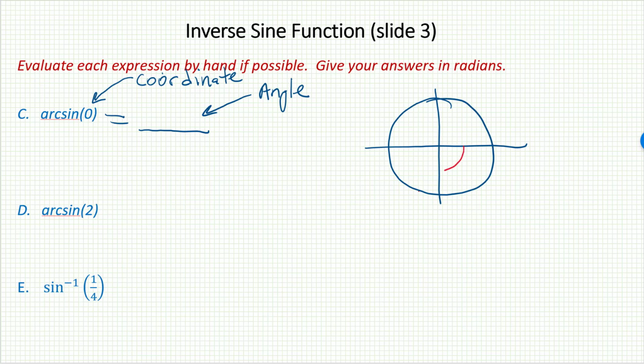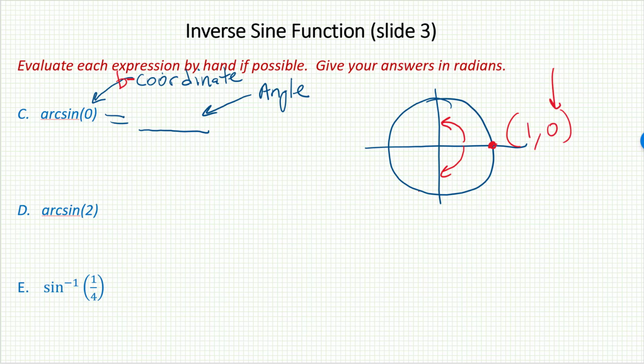Now remember, the inverse sine function only knows about angles between negative 90 degrees and positive 90 degrees. So I need to find a point on that section of the circle that has a b coordinate of 0. Well, I believe this right here is the only spot. This is the point 1, 0.